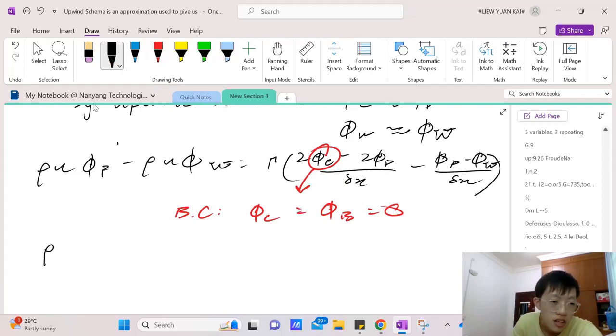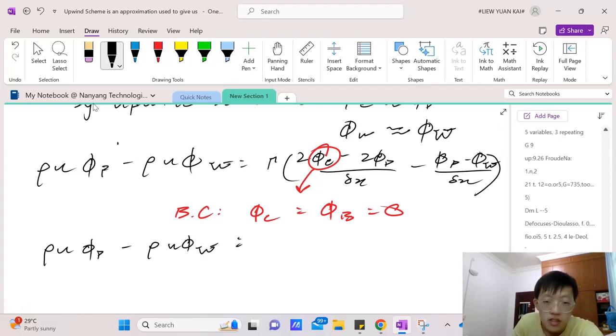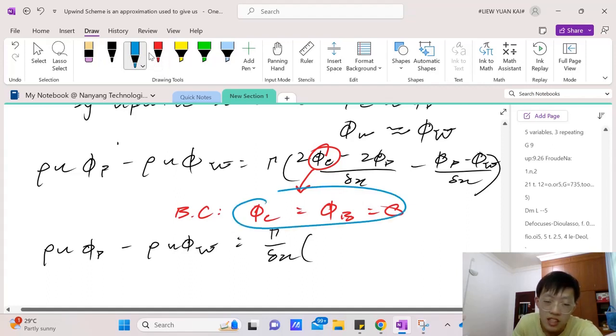So let's just go ahead and do as usual. Factorize out delta x from the bottom. And then, because we know phi e is 0, I'm just going to make it vanish already. This can go away.